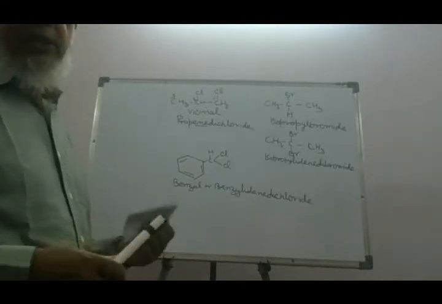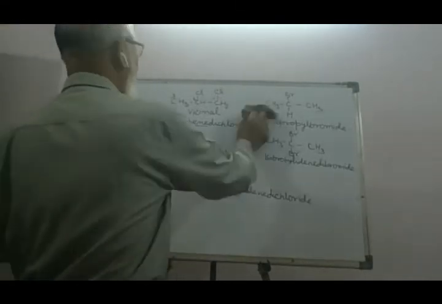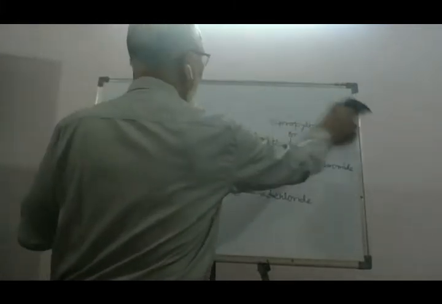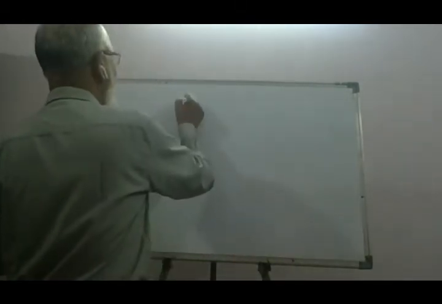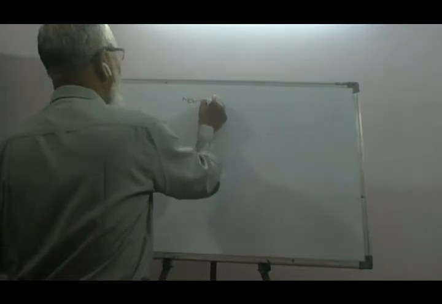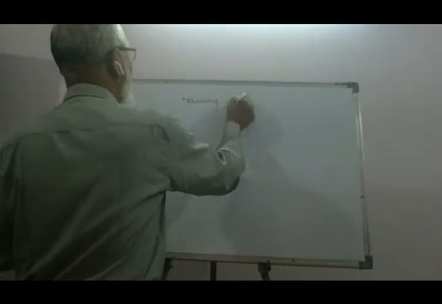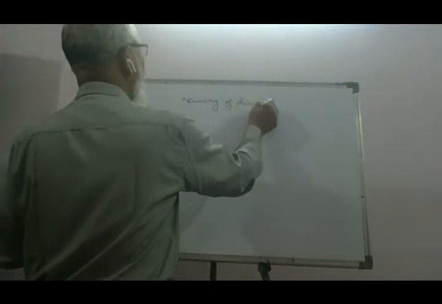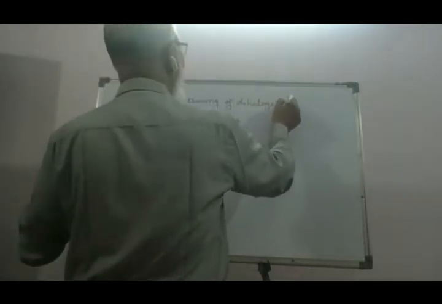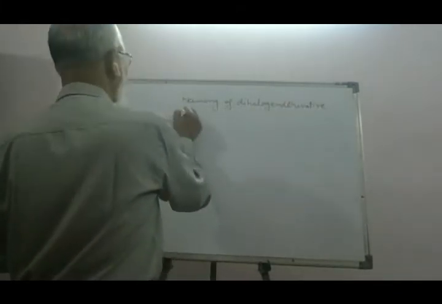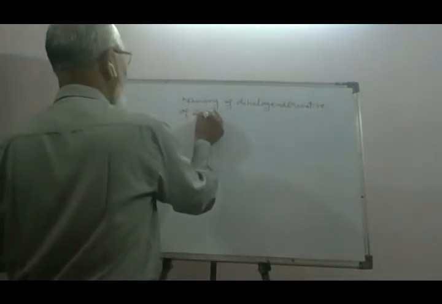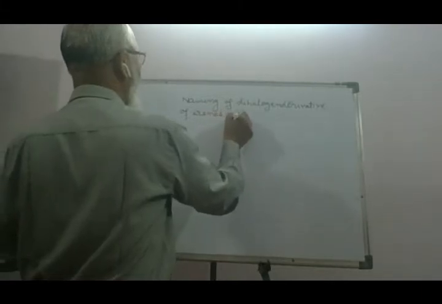Now let us take the case of dihalogen derivatives of arenes, or aryl dihalides. Let us see how they are named by the common naming system. Naming of dihalogen derivatives of arenes or aryl dihalides.